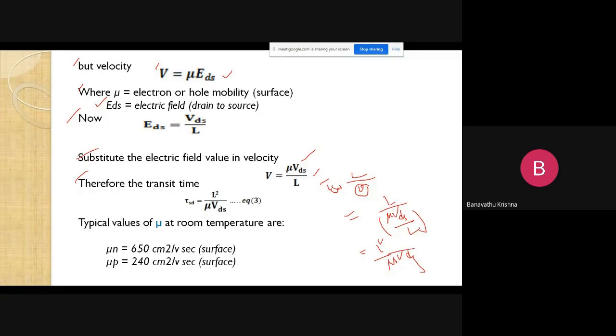This is the transit time equation number 3.